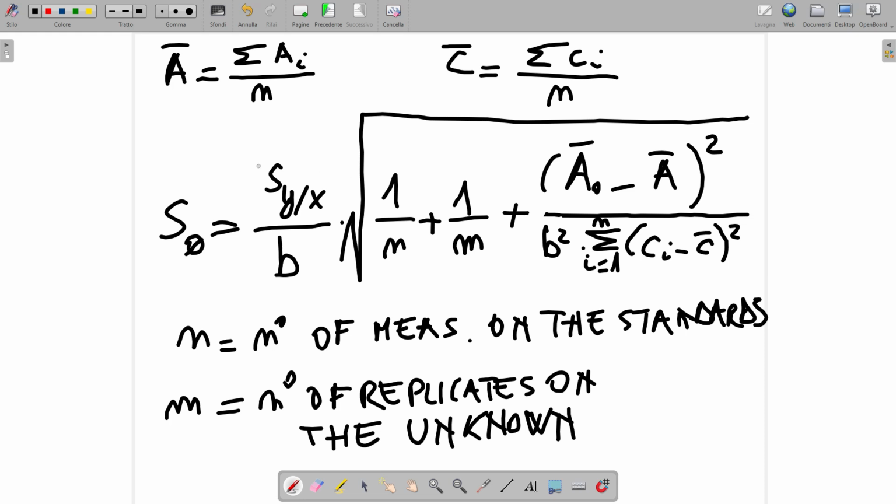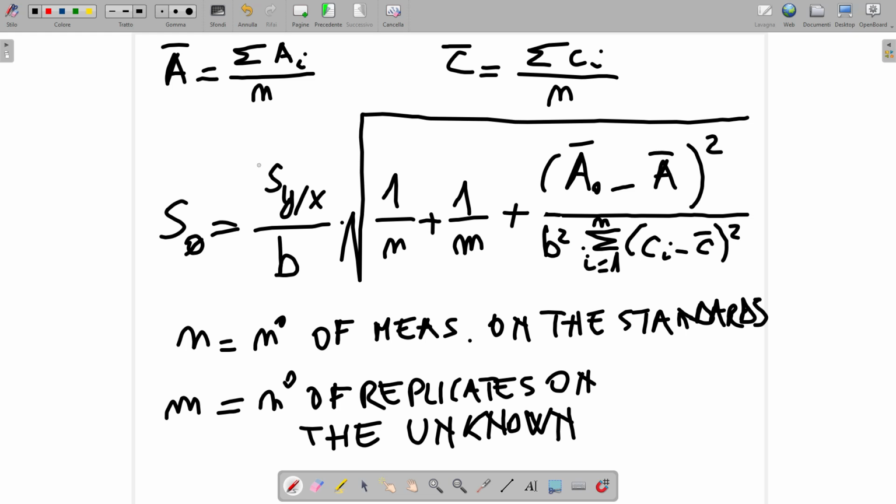How should Sy over x be? Small. How can you obtain Sy over x small? Making an accurate work, trying to be very careful in preparing standards and injecting, in order to have the points not so distant from the model.